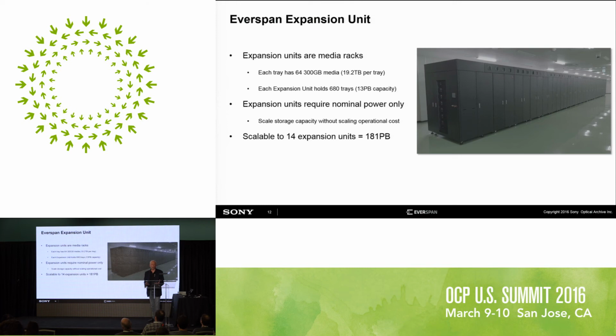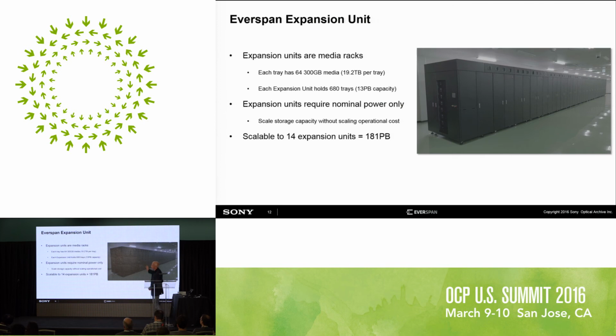So when you see a full expansion unit device, you see that here on the right-hand picture. We have the base unit here, and then we can add expansion units, and then this unit has the 180 petabyte capacity.